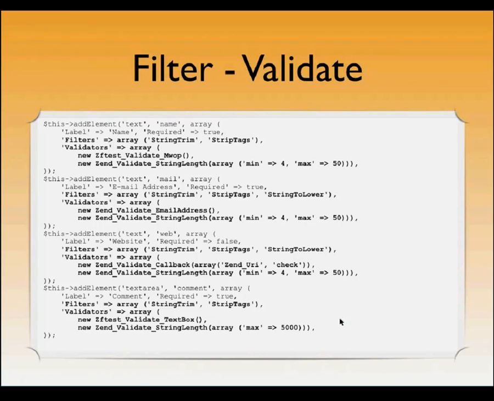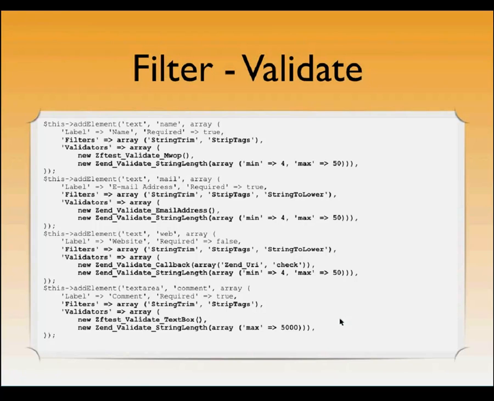So we add the filters, and as you can see with the name, we actually have a validation. It's extending the alnum filter and validator, so you can use it basically to filter out the characters that are being accepted, like dots and commas and dashes.